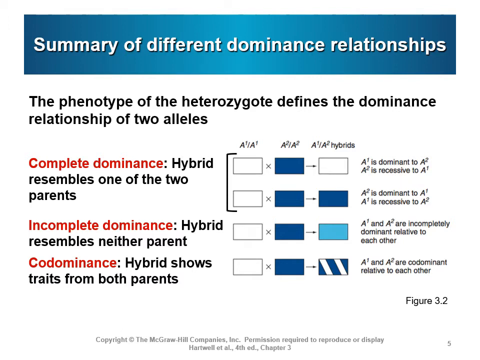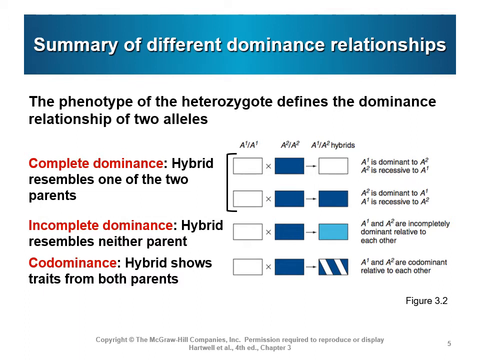If we have the A1 allele for parent 1 and the A2 allele for parent 2, and A1 is dominant over A2, then the offspring will express the A1 phenotype. If A2 is dominant over A1, then the offspring will express the A2 dominant phenotype.